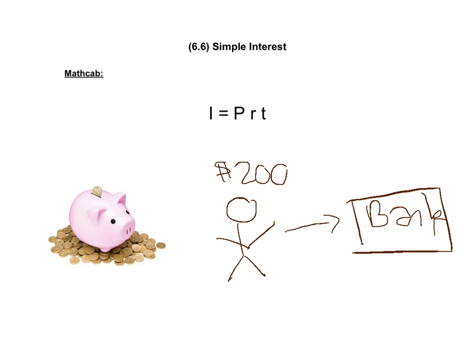So over time, your money is not going to stay $200. It's going to go up. So that extra money you get on top of $200 is also interest. So altogether, interest is just the extra amount paid or earned from borrowing or depositing money.